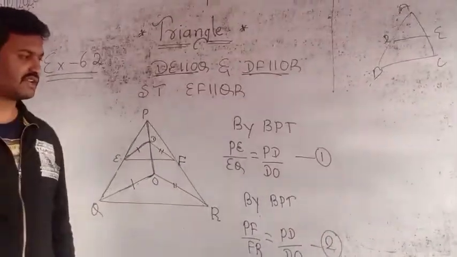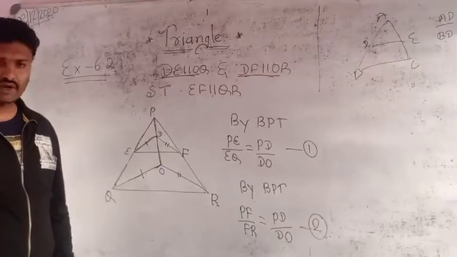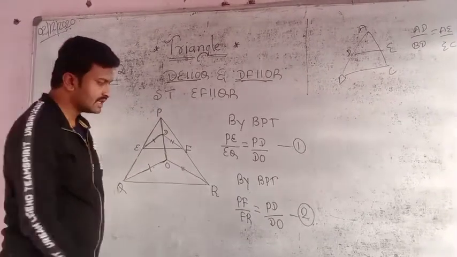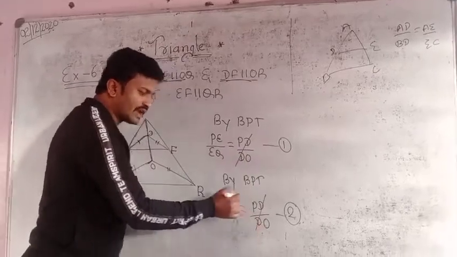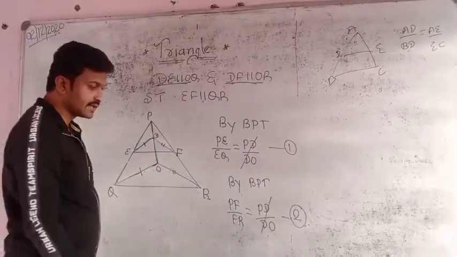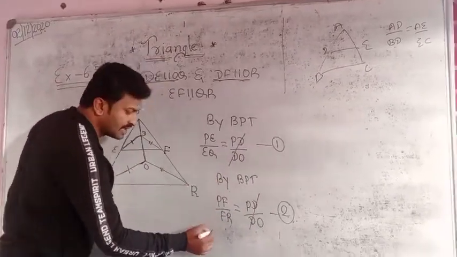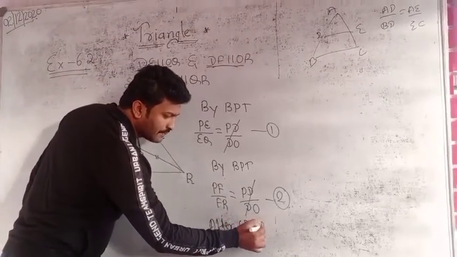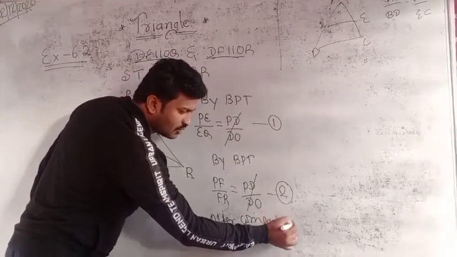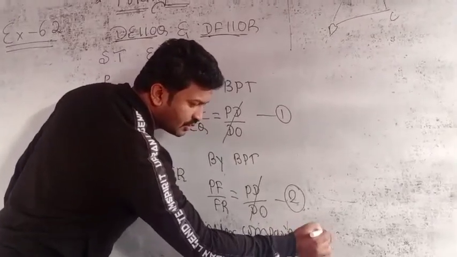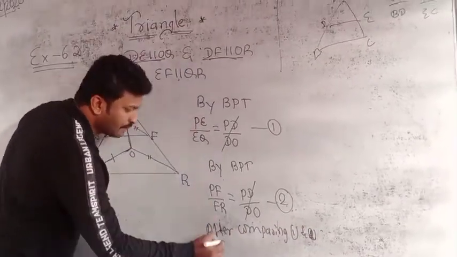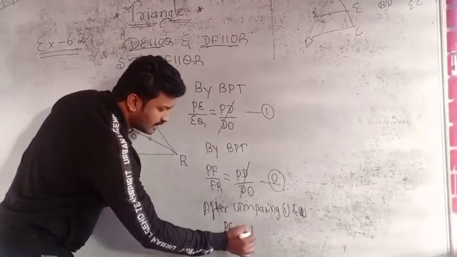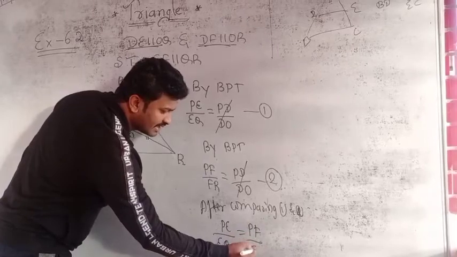Okay, after getting 1 and 2, comparing 1 and 2, what cancels? This PD by DO cancels. What remains? After comparing 1 and 2, we are left with PE divided by EQ equals to PF divided by FR.